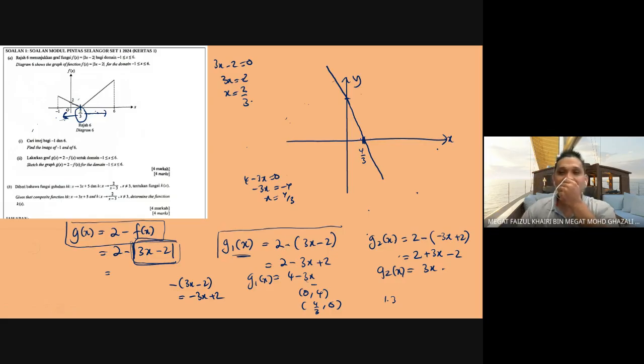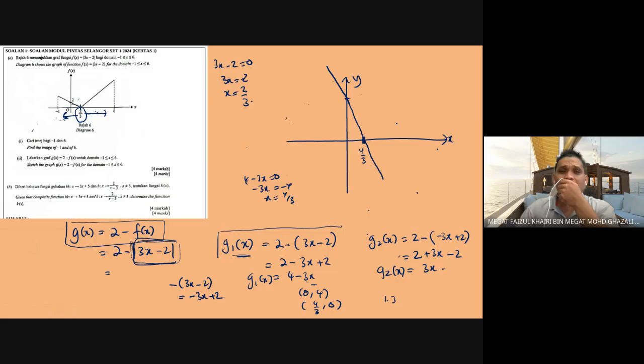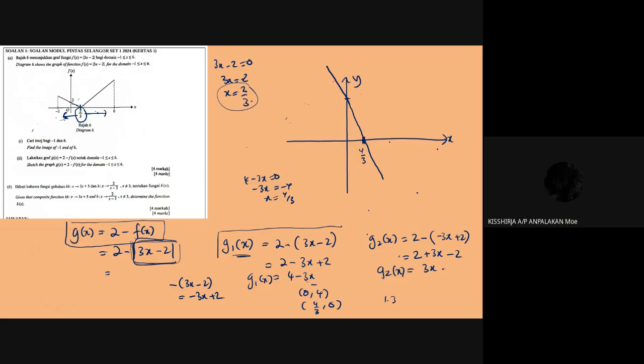Is 2 over 3 less than or greater than 4 over 3? Hello? Yes, teacher, less. 2 over 3 is less than 4 over 3.